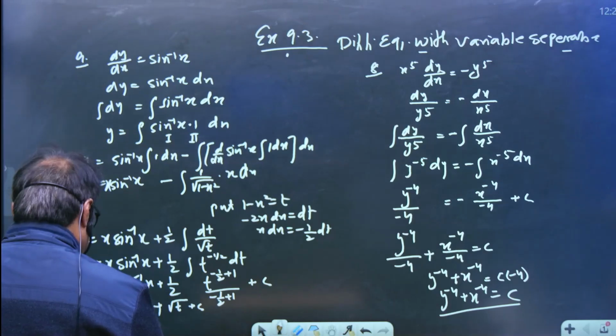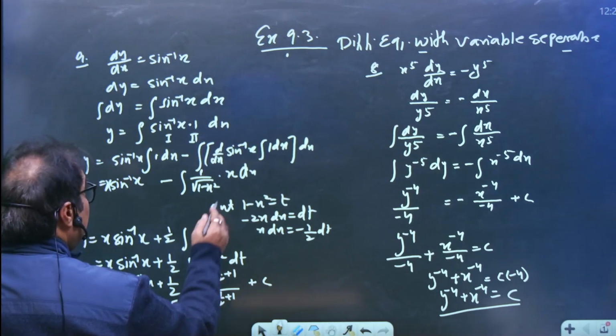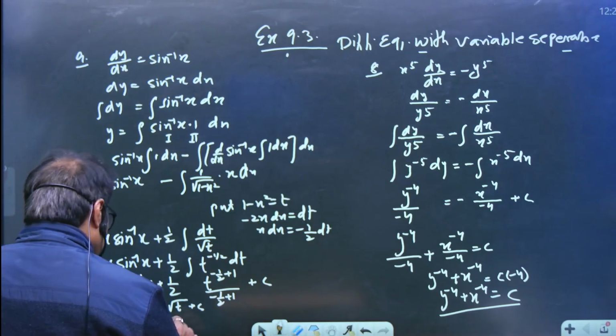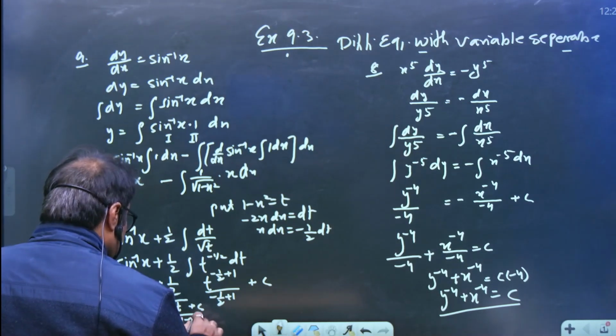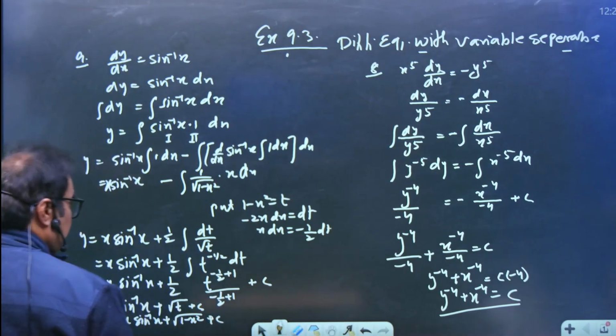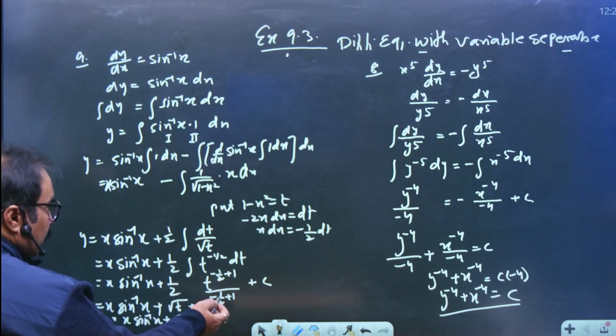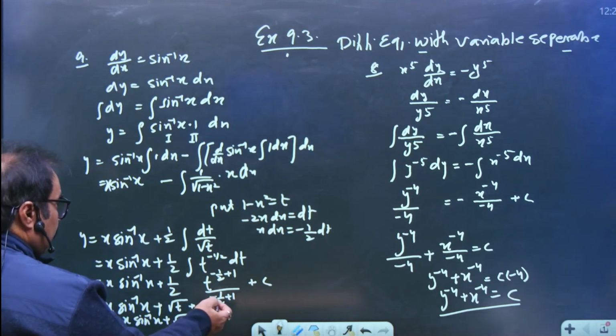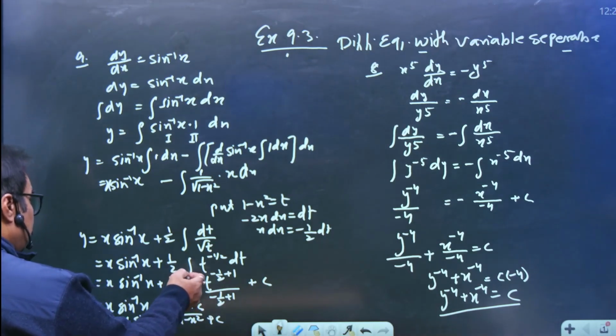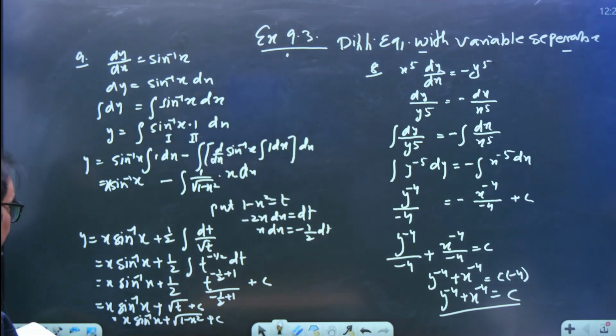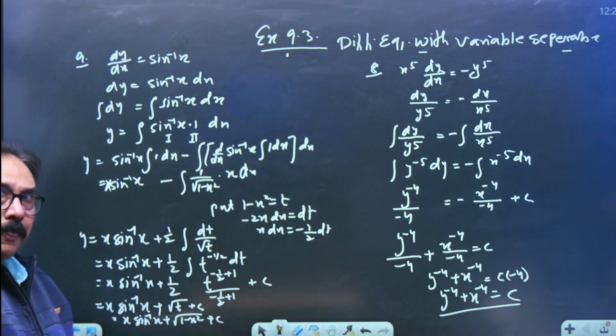So the final answer should be x sin inverse x, and the value of t is root over 1 minus x square, and plus c, right? This 2 and this 2 will cancel, because 1 minus 1 by 2 is 1 by 2, so it will be 2 by 1. So 2 and 2 cancel, so I have written directly root t.